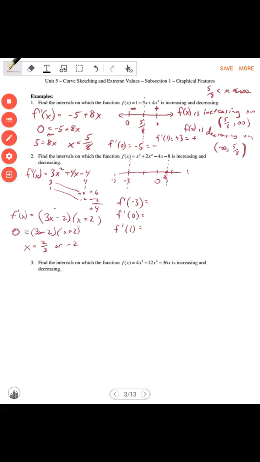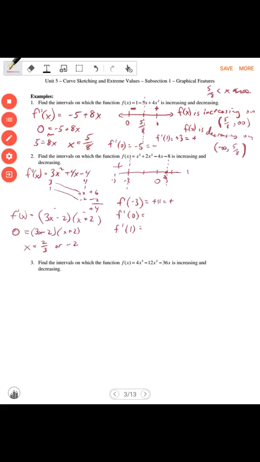Then negative 3 plus 2 is negative 1, so this part is also negative. A negative times a negative is a positive. If you really want that number, it's negative 11 times negative 1, which is positive 11. But we don't really need the number, you just need to know that it's positive.